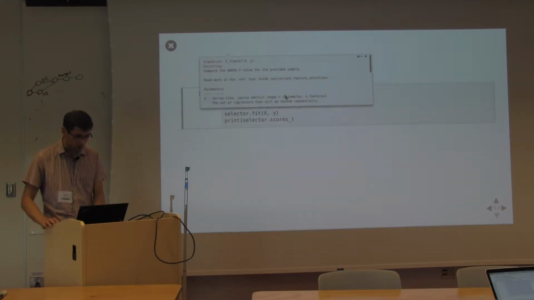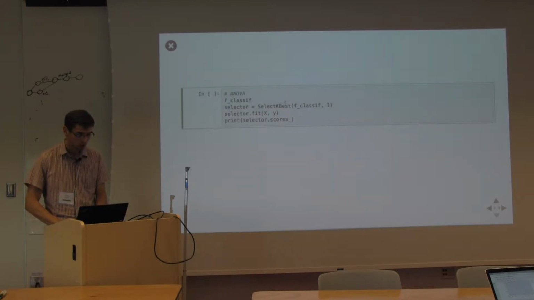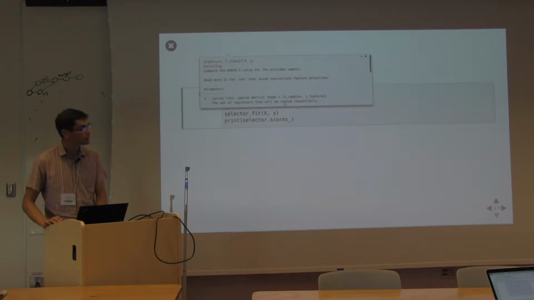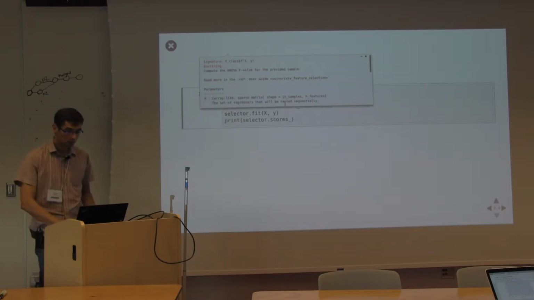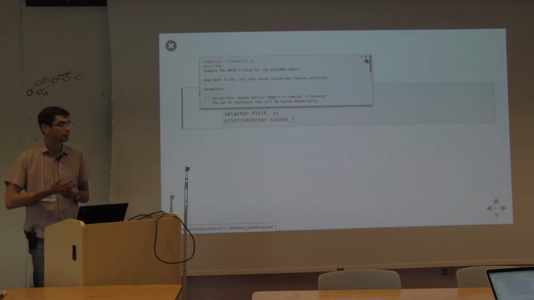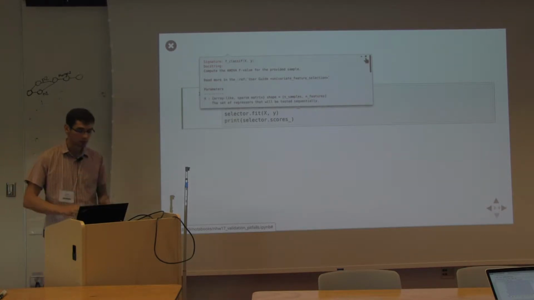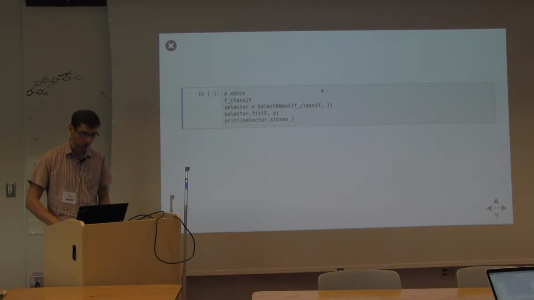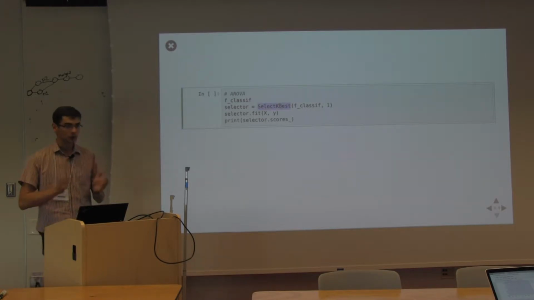To open this help, you should press Shift plus Tab. You can press it multiple times to see more detailed help. This one is a simple criterion to estimate importance of features, and it's a very simple transformer.